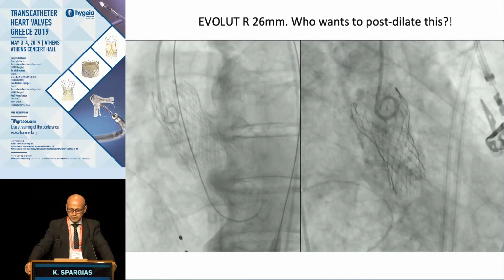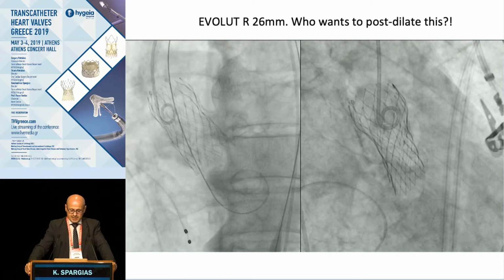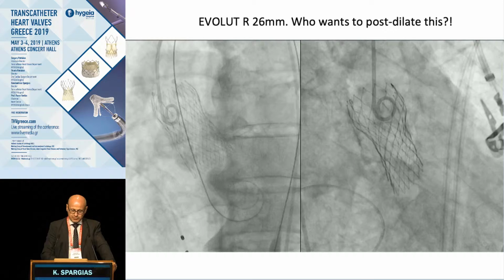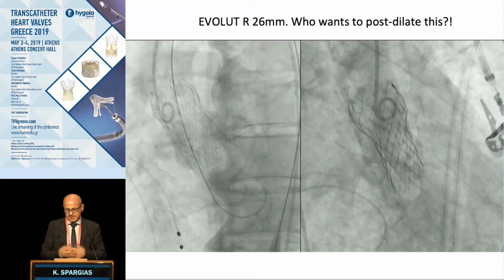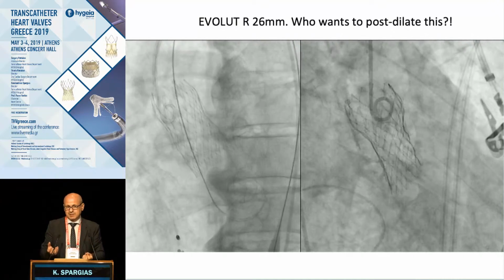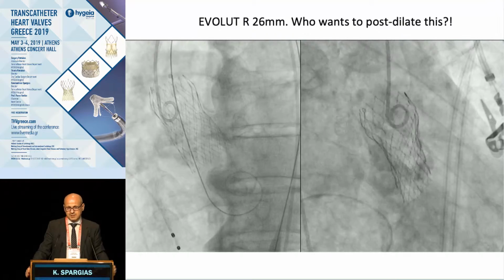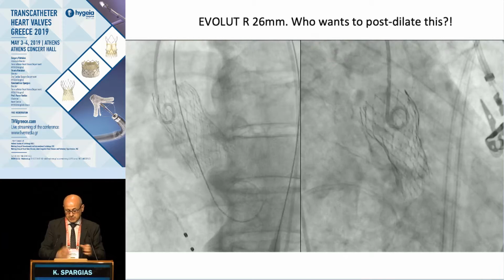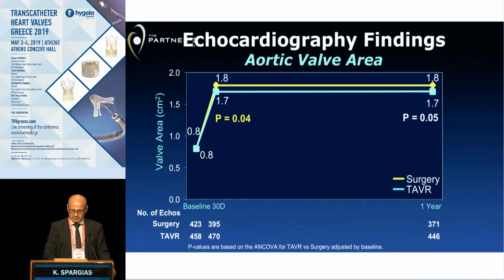But who wants to post-dilate on this annulus? I wouldn't. So we didn't, and we have very good hemodynamic results. These two examples give you the sense of the balanced decision you have to make in these cases between retention of circularity down there or safety when you have a lot of calcium.